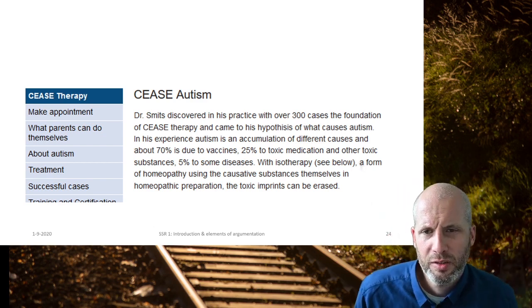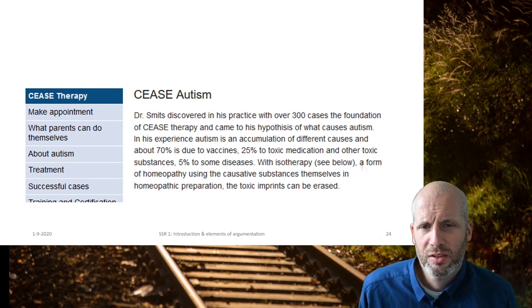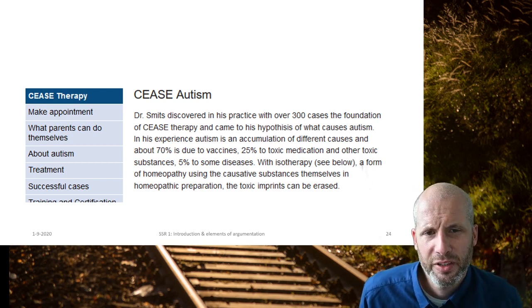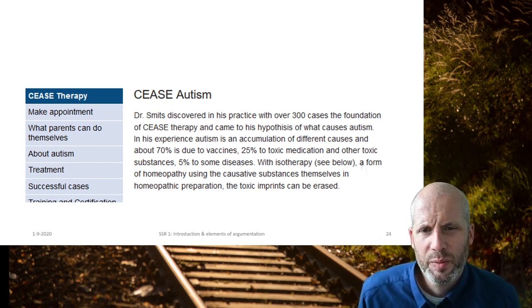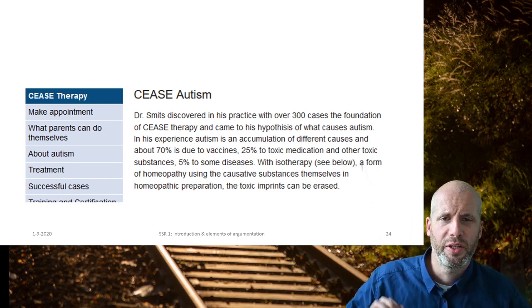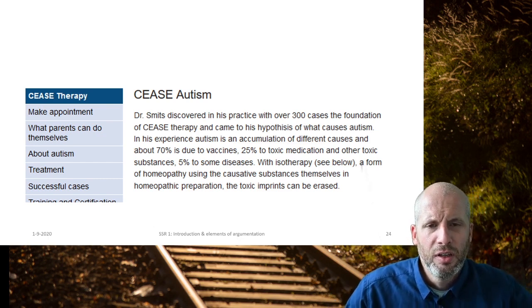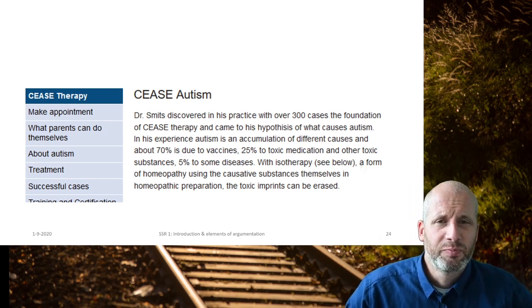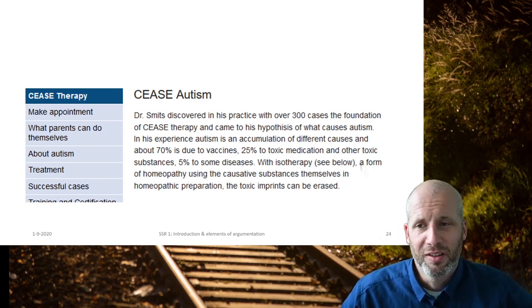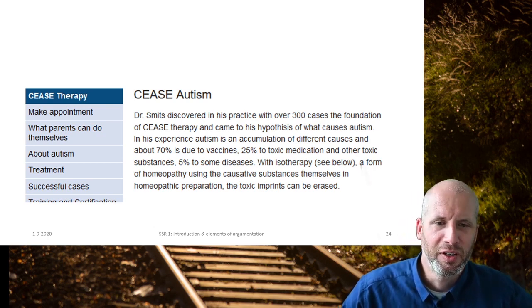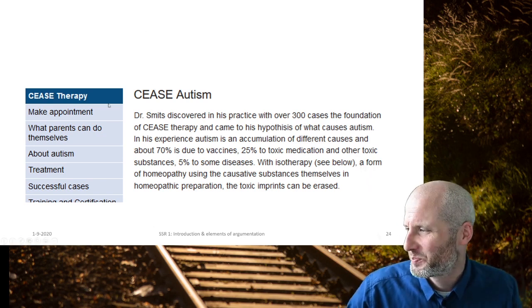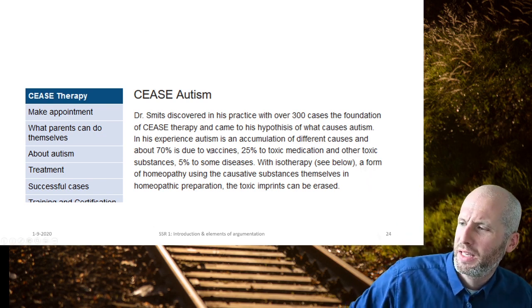Everyone knows that 70% of autism cases are due to vaccines, 25% to toxic medication and other substances, and 5% to some diseases. And this therapy focuses on that. It's a form of homeopathy, which I'm not going to go into, but it's silly. So it's a silly thought.